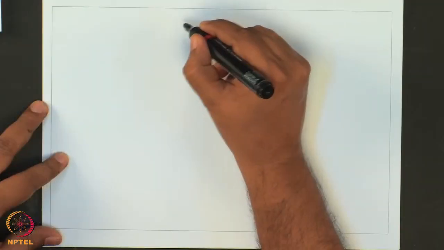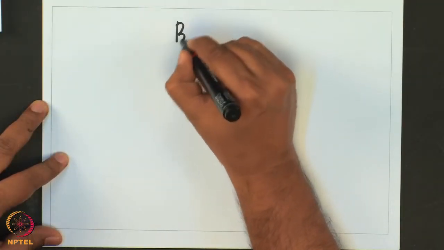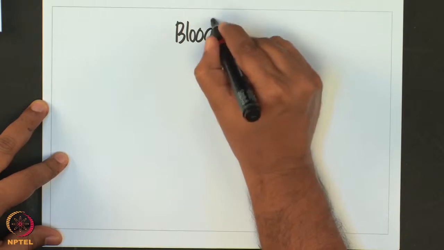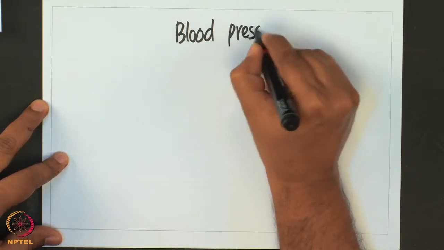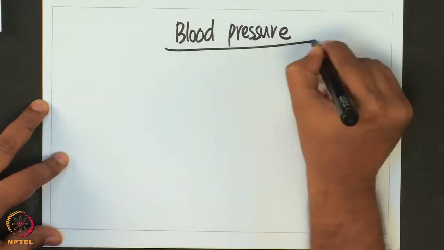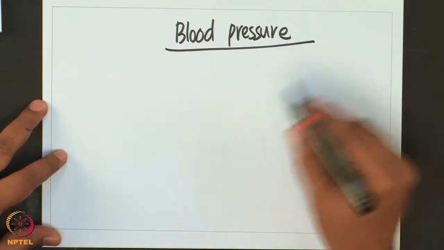If we write that as numbers, this would be a set of numbers. Let me write a particular example, let us call it blood pressure. We will write only the smaller number.